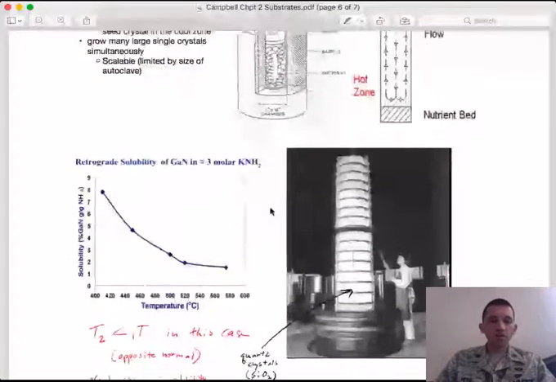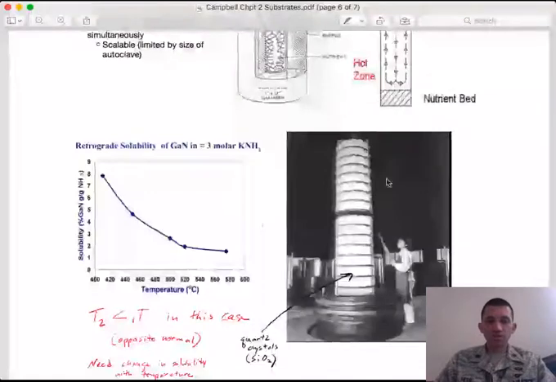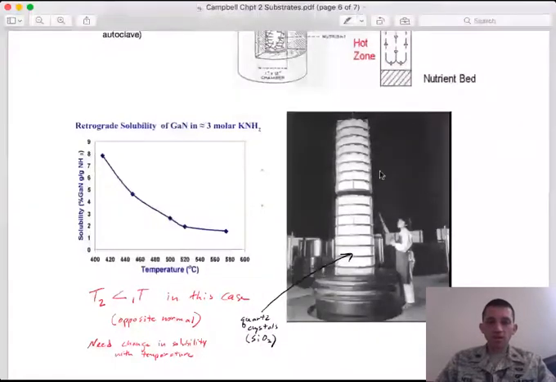There also, hydrothermal growth is used to grow industrially single crystal quartz, right? So you can see here, this is maybe a dated picture of a very large autoclave growing very many crystals simultaneously.